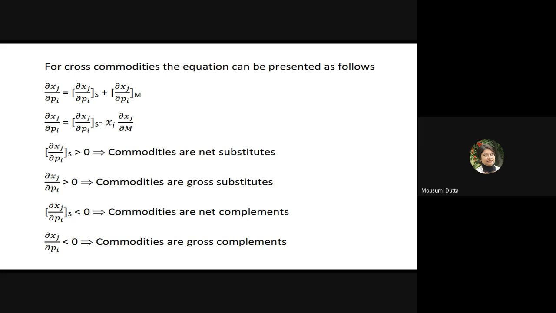And if two commodities are net complements to each other, that does not necessarily indicate the commodities are also gross complements.